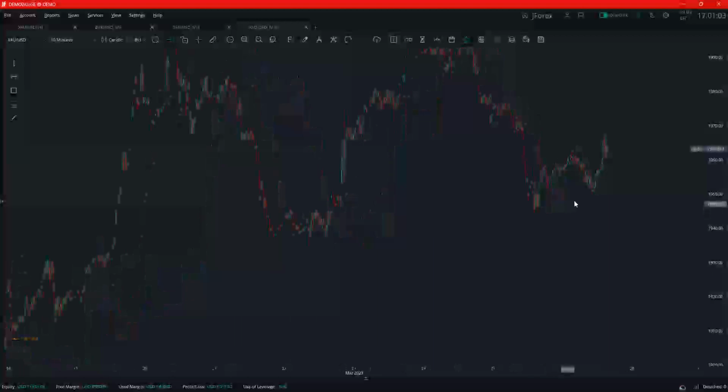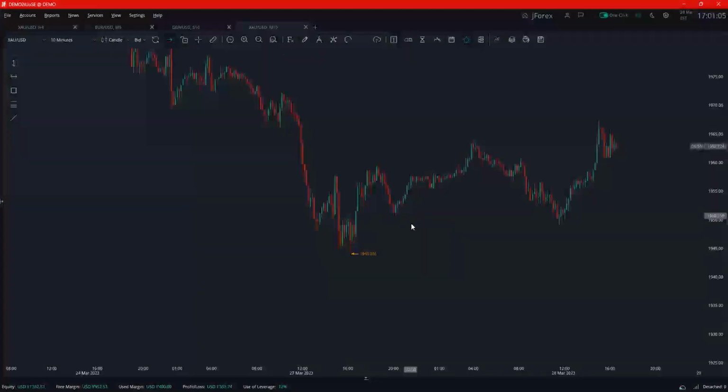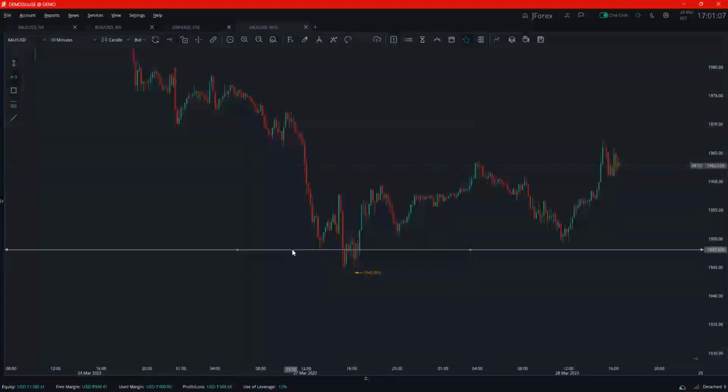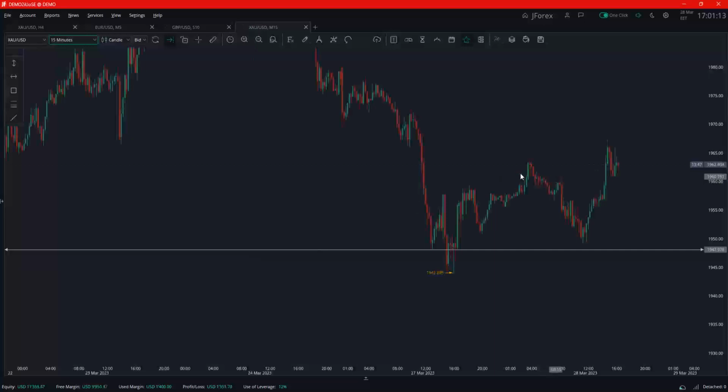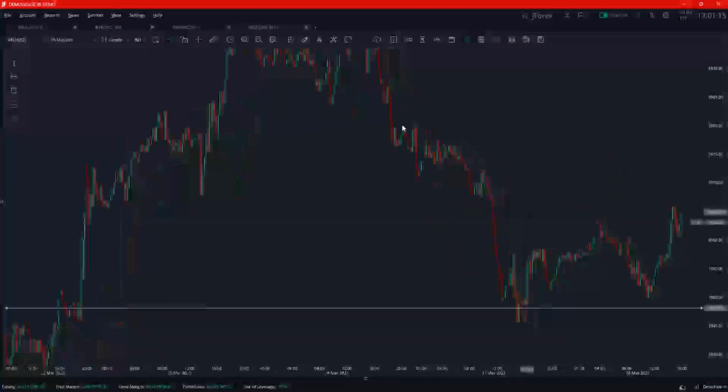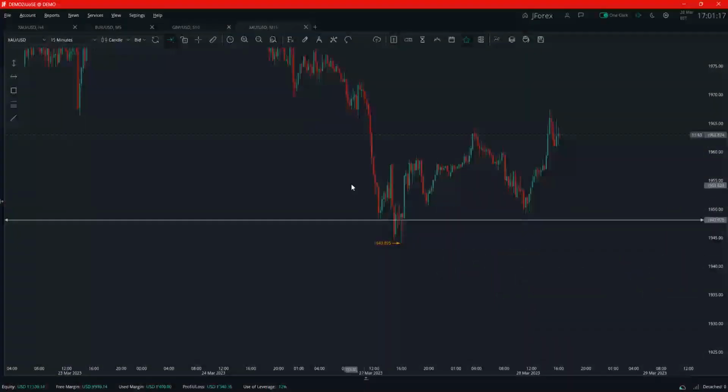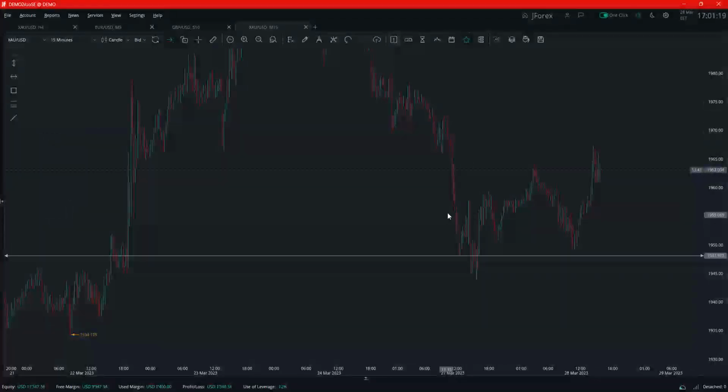For example, here is one trade today that happened. That's pretty obvious. Let's look at M15. We'll see price accelerate very heavily into the downside.